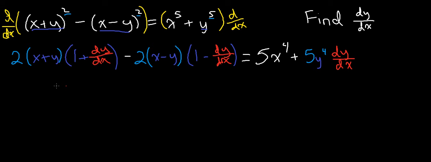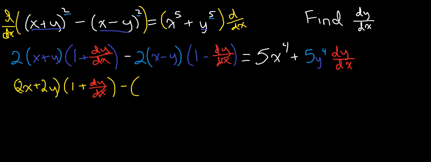So now I'm going to do a bit of algebra, and I'm going to simplify, in yellow, because why not? So I'm going to distribute the 2x through, so I'm going to get 2x and 2y times the 1 plus the dy dx, and then we're going to subtract, I'm going to distribute the 2 through.